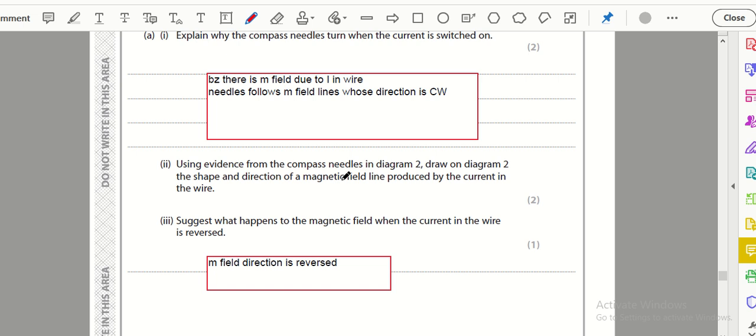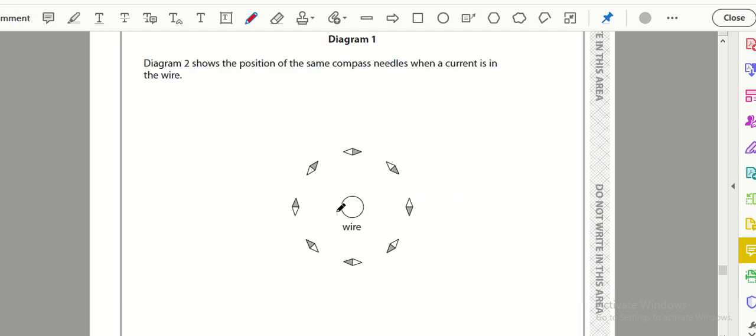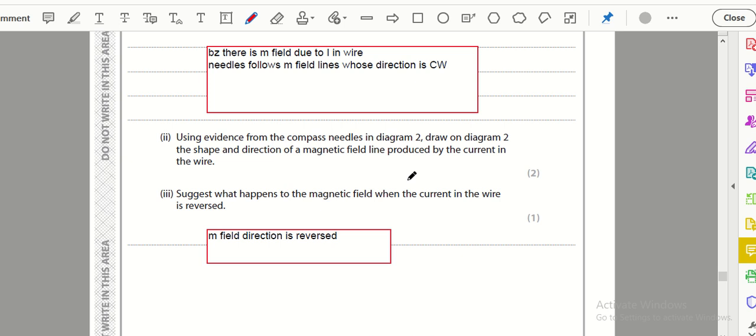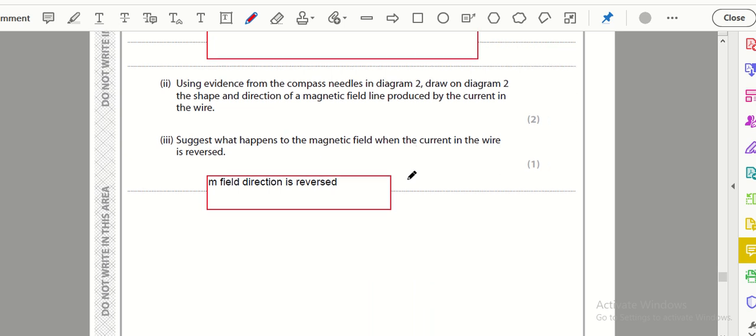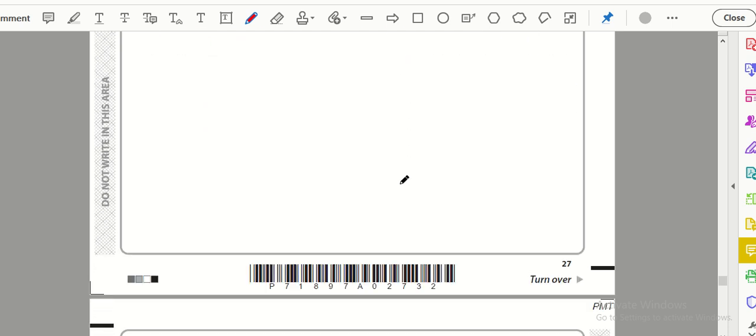Using evidence from the compass needles in diagram 2, draw on the diagram the shape and direction of the magnetic field line as we just discussed. Here is a circular shape and here is the direction. Suggest what happened to the field when the current in the wire is reversed. It will be reversed.